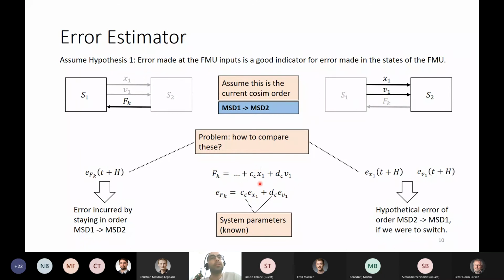The coupling force here is a function of these 2 inputs, and the system parameters give you what this function is. This solves the problem of comparing these 2 quantities and gives us a meaningful comparison to define which order we should switch to.